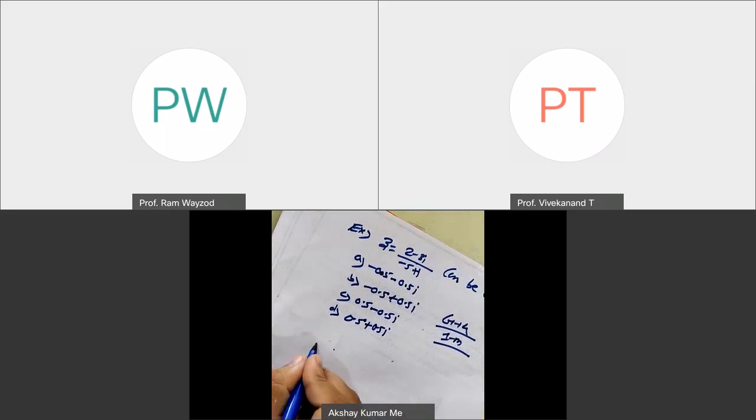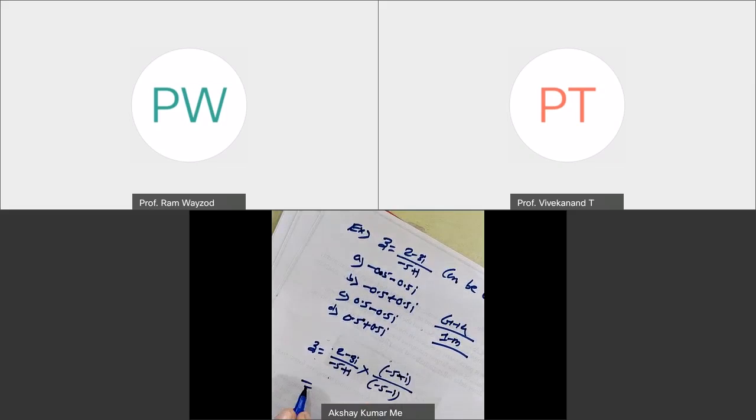So simply we have to solve this expression 2 minus 3i upon minus 5 plus I and rationalize it, multiplying by minus 5 minus I upon minus 5 minus I. After simplification, the denominator is a square minus b square, 2 into minus 5 is minus 10 and so on.